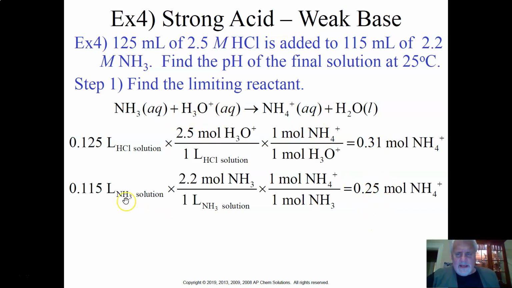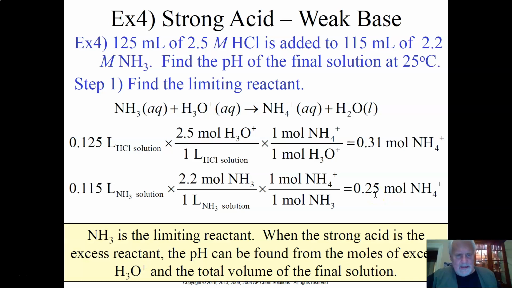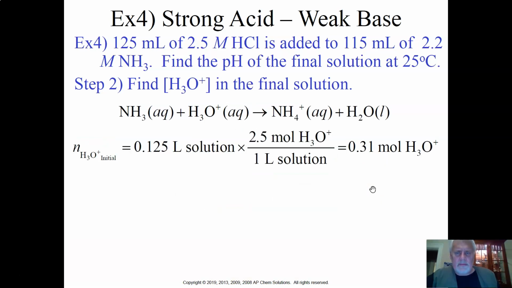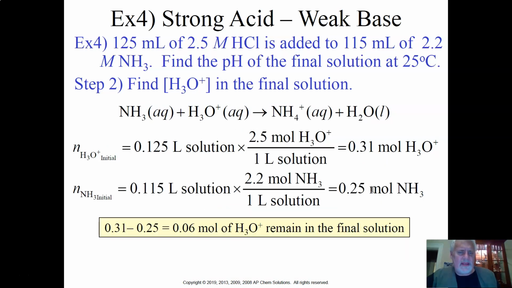So you can see that the NH3 is going to be your limiting reactant. And for a strong acid, when the strong acid is the reactant, the pH can be found from the excess moles of that. So that makes this a pretty straightforward problem because you just figure out the moles of each.